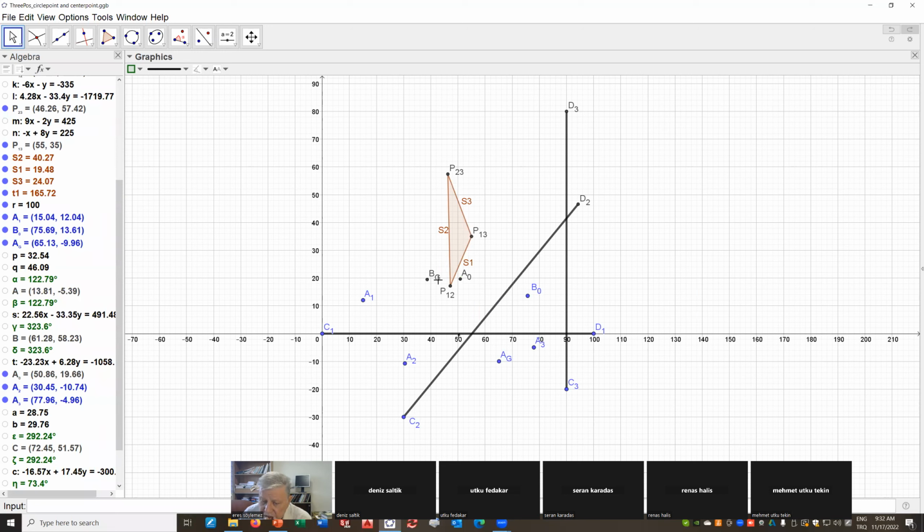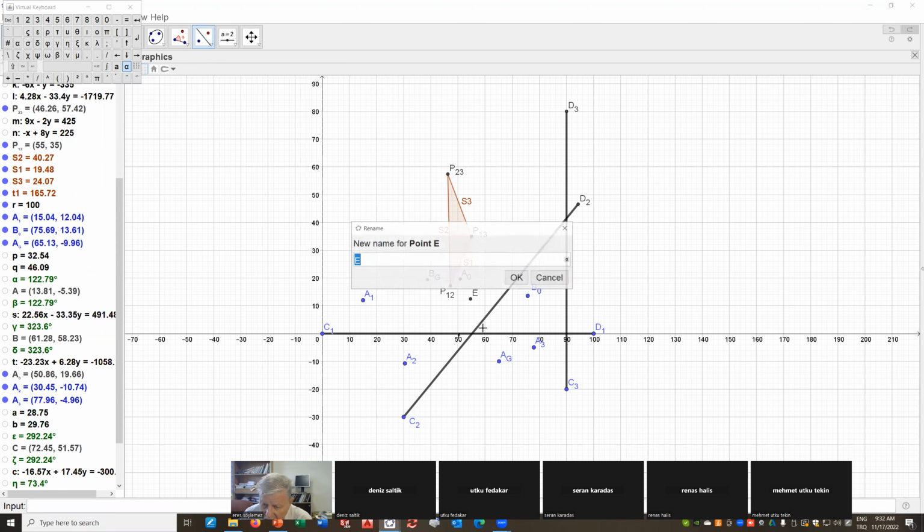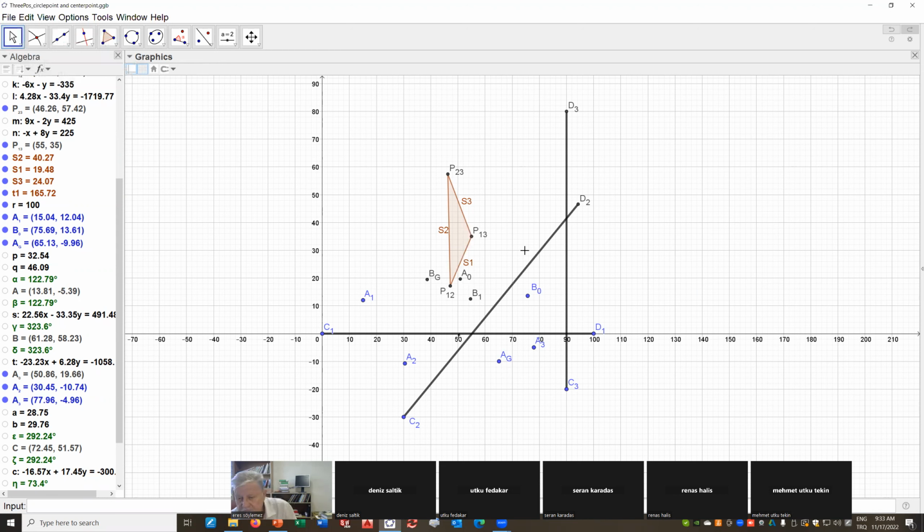If I take the image of BG with respect to side 1, it's going to give me, yes, rename it as B1. Okay?